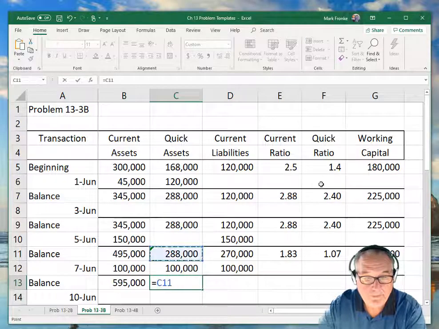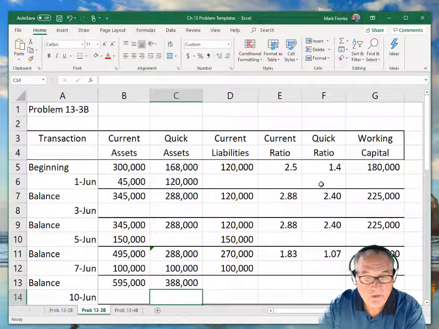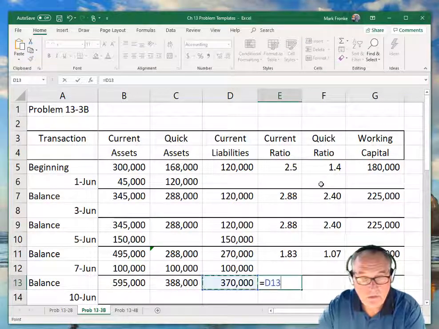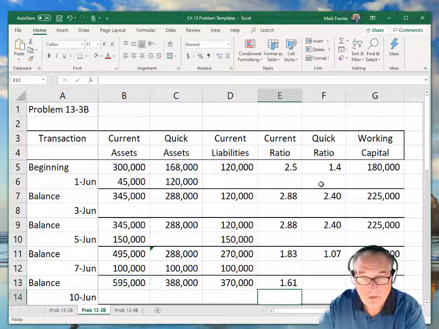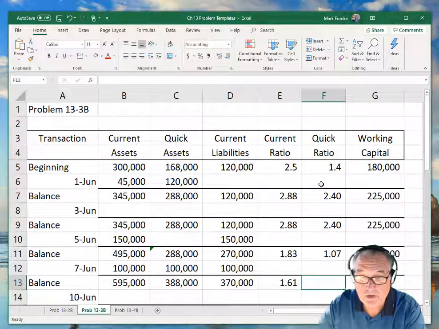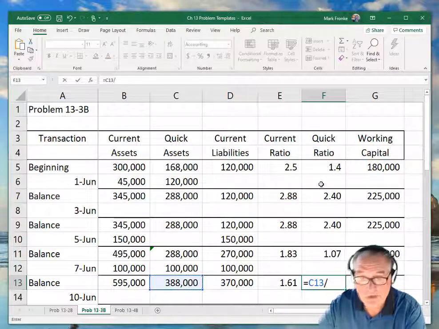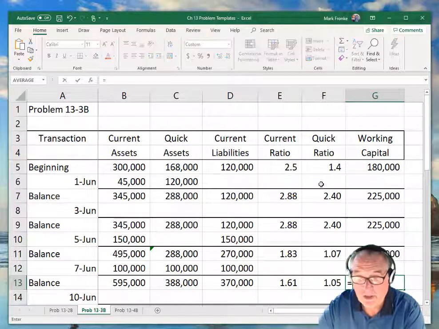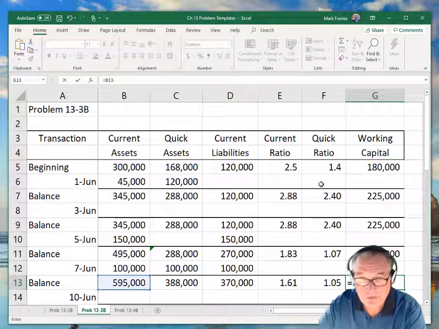So now our current ratio is 1.61. Our quick ratio is 1.05. And our working capital stayed the same.